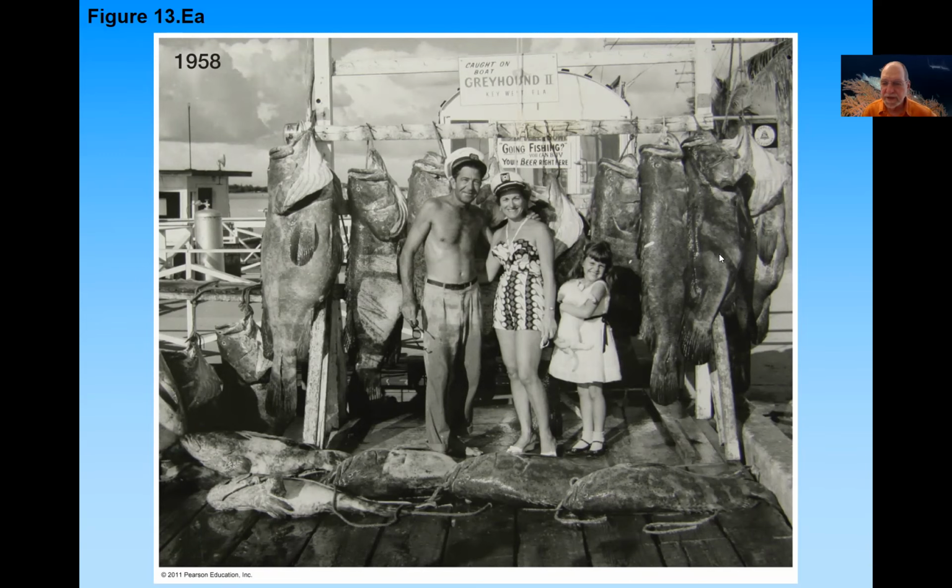Now these big fish, there's also snowy groupers and other species of groupers, but these groupers are a particular form of demersal fish. They live on the bottom, and they're typically caught with some form of hook and line. So the Greyhound 2 has gone out, and they've come back at the end of the day with this amazing catch of groupers. Wow, good for them. Must have been a fun day.